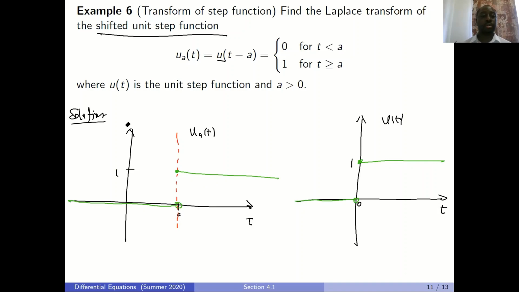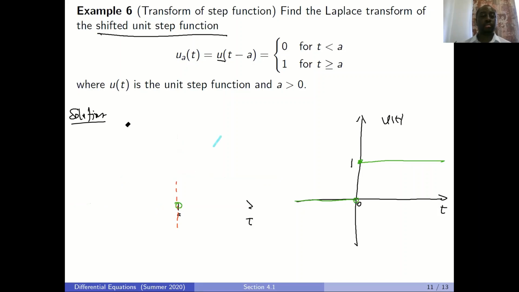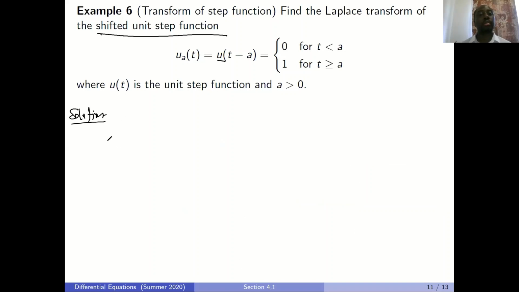So let's go ahead and do that. We are interested in the Laplace transform of the shifted unit step function. By definition, this is the integral from 0 to infinity of e to the minus st u_a of t dt.